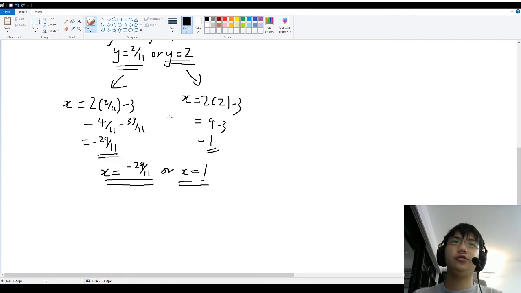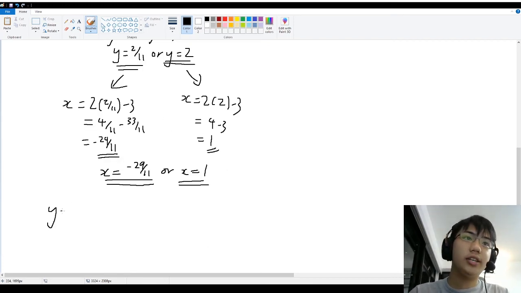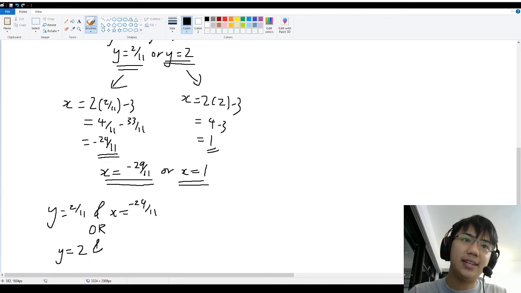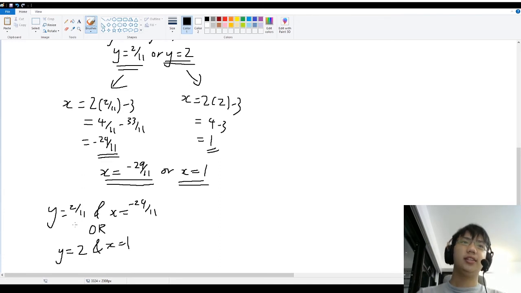So these are the two solutions, and if you want to make it clearer, you can write that y equals 2 over 11 and x equals negative 29 over 11, or y equals 2 and x equals 1. So these are the two possible combinations of values.